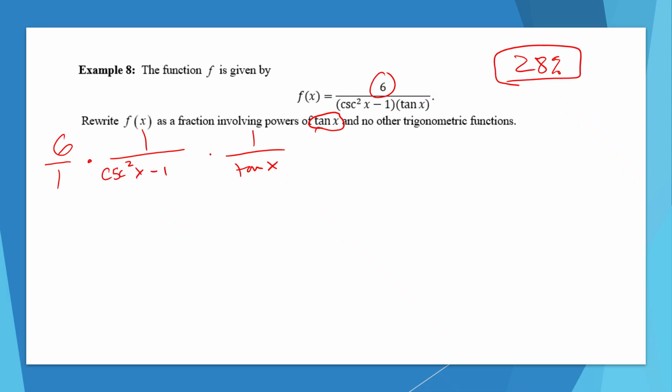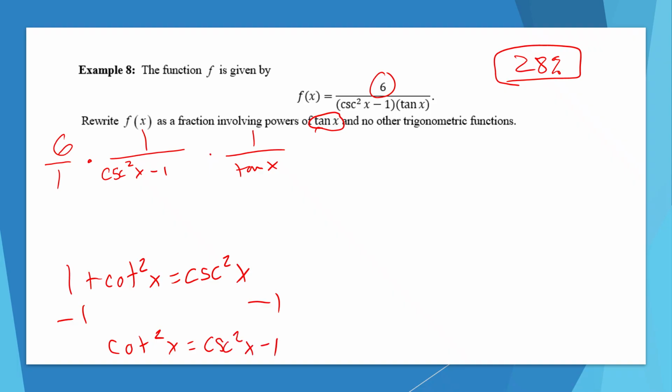Once I have all my trig identities written down on my AP exam, you can just use that for reference. But cosecant squared and 1, I'm going to look at the equation 1 plus cotangent squared x equals cosecant squared x. And then I'm going to subtract 1 from both sides to get cotangent squared x equals cosecant squared x minus 1. And then I'm going to replace this with cotangent.